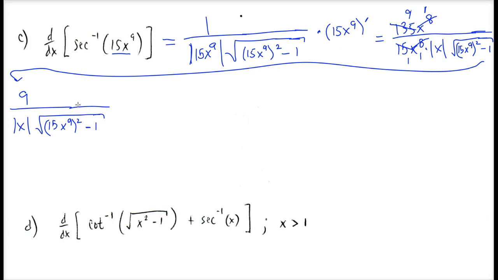And I'm trying to think if we want to do anything else with that. It may not be worth it. So one of the things that we can do here is if we want to go ahead and square that 15x raised to the 9, that portion will just end up being 225x raised to the 18 minus 1.